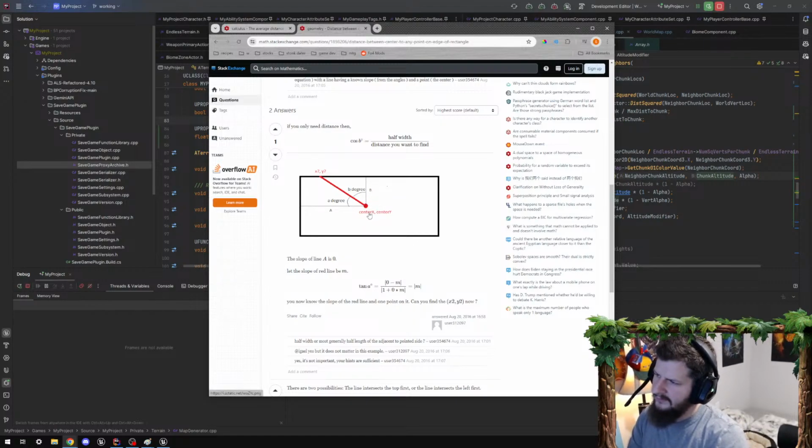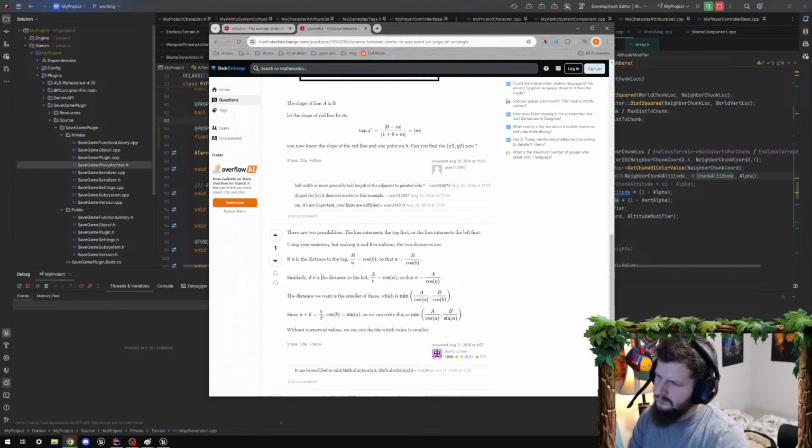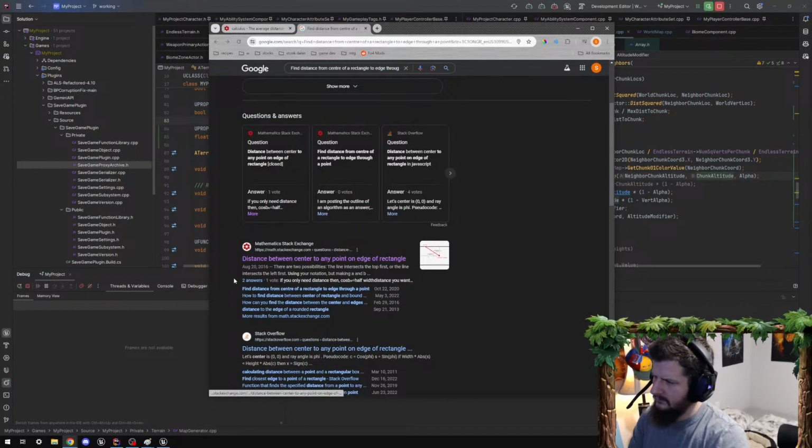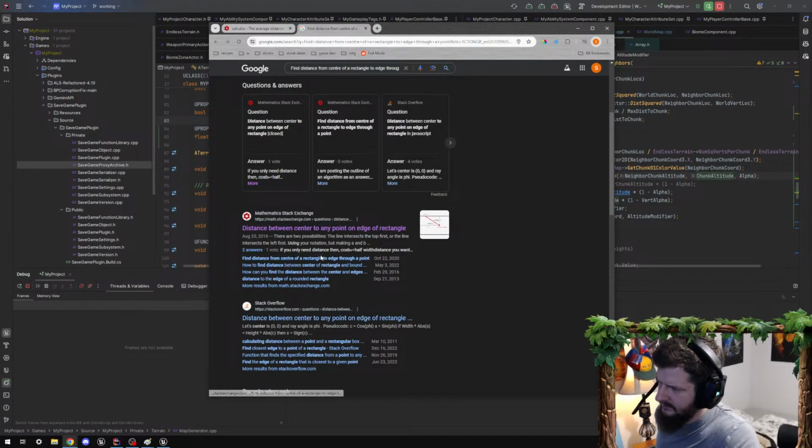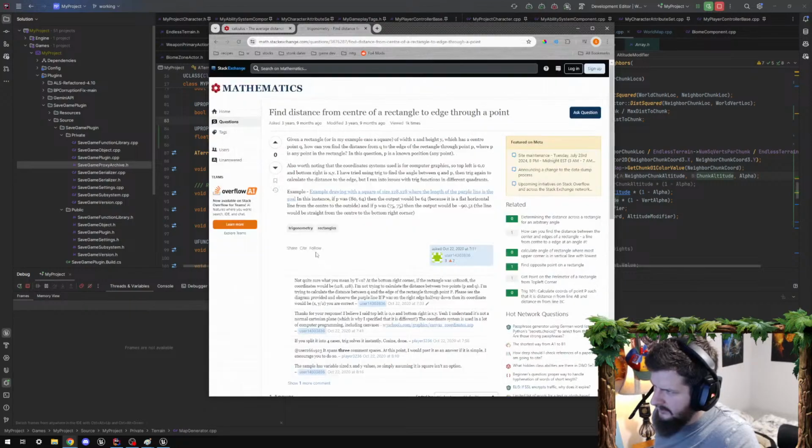Because really what I have is a center and another point. To edge through a point, is this it?